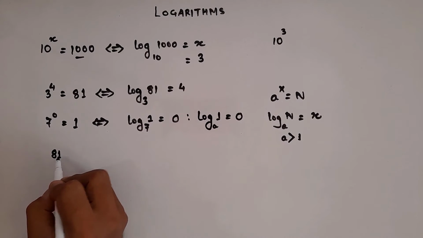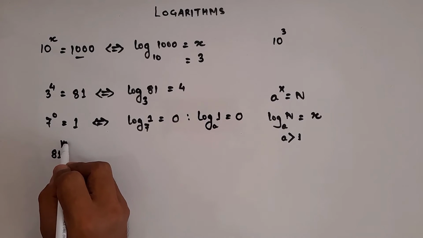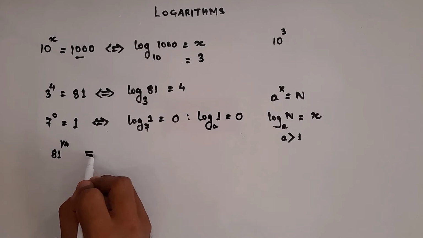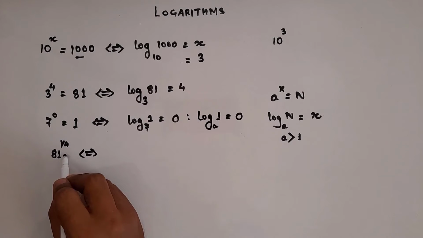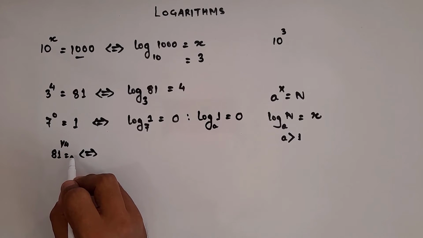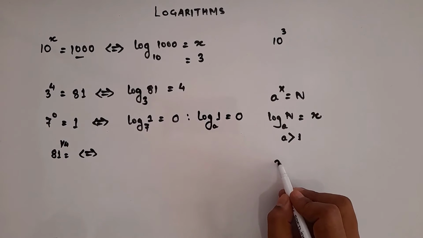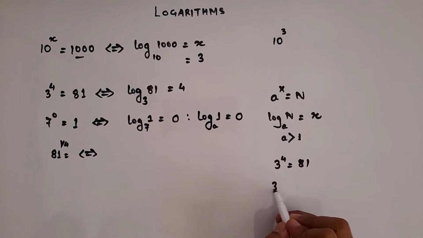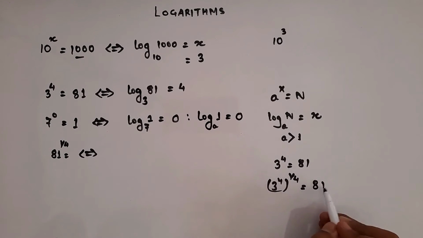Let us look at another example. Let's say we have 81 raised to the power of a quarter. So we don't know what the value is, so let's calculate it. We know 3 raised to the power 4 is equal to 81. Now we raise it to the exponent of 1/4 or a quarter.